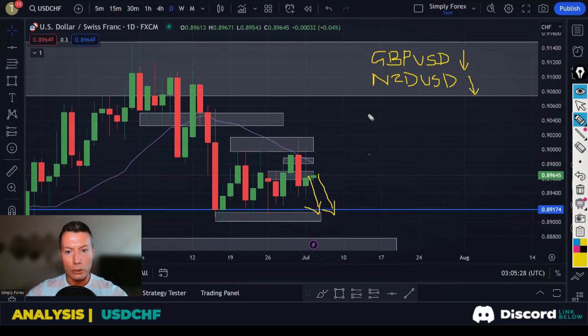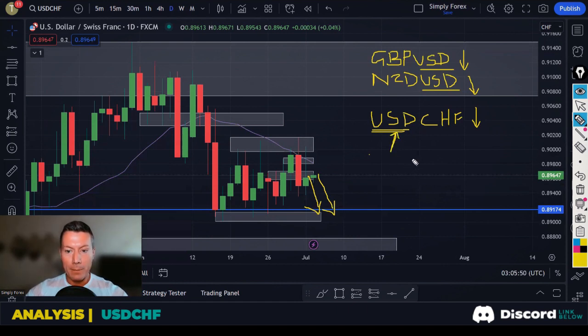We're looking at US dollar strength, but then we're also potentially seeing US dollar Swiss franc short, so that suggests US dollar weakness. This is US dollar strength, US dollar strength. This is US dollar strength. This is US dollar weakness here.